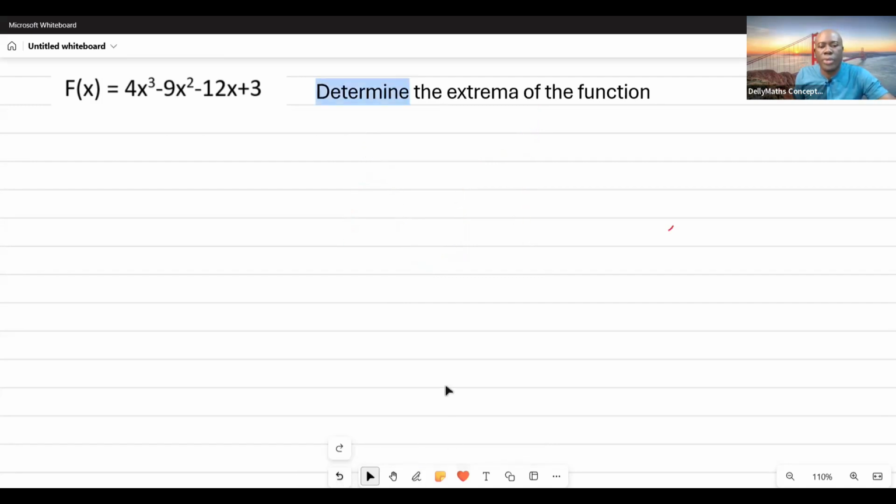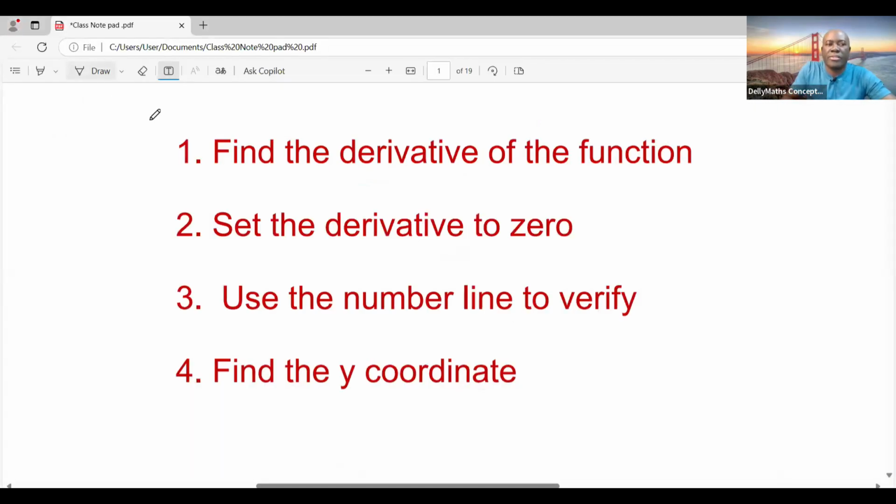Now, in order to actually do this, we're going to take a few steps, and the steps are as follows. One of the first things that we're going to do is find the derivative of the function. The second thing is to set the derivative to 0, therefore we'll be finding those critical numbers.